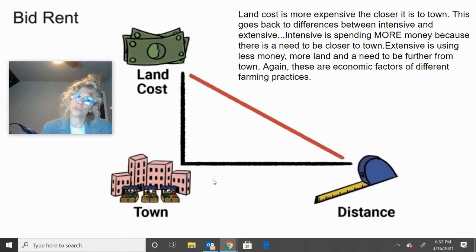But the closer you get to town, the more expensive the land is going to cost. So this goes back to intensive versus extensive farming. So remember, intensive is where you need a lot of labor, okay, and the farms are small, versus extensive, where you need a lot of land and not a lot of people, and you're using machines and advancement.